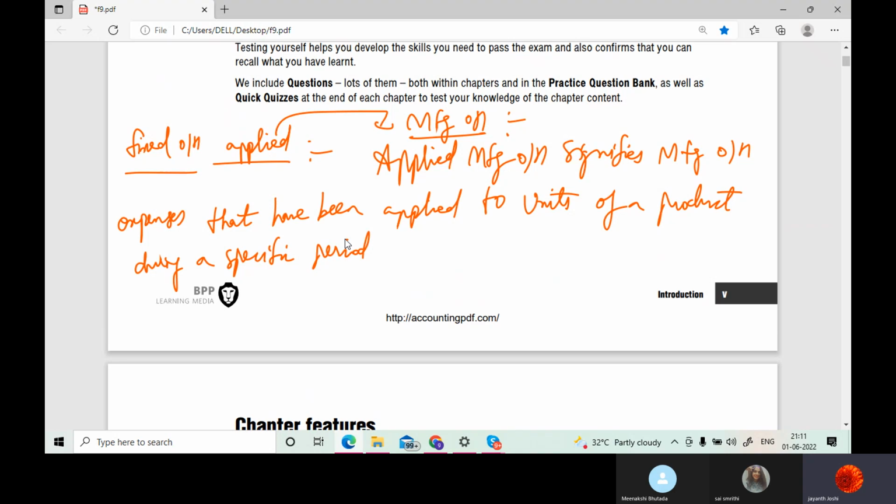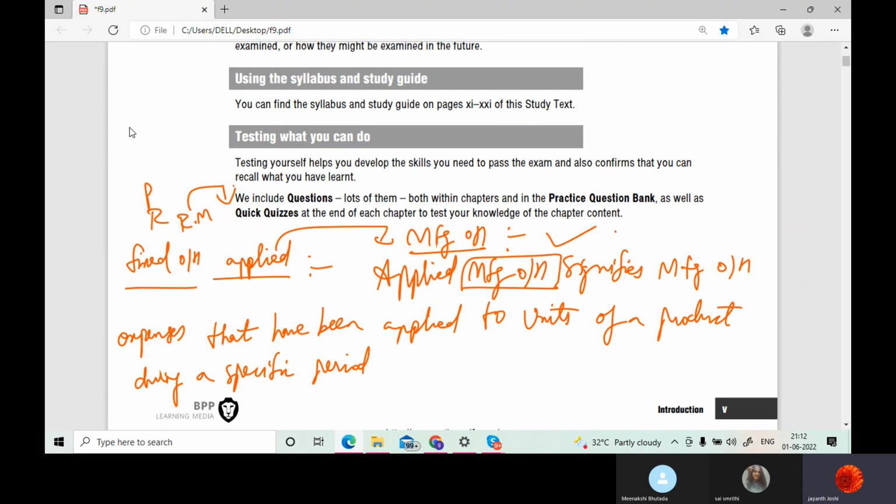You should understand that overheads are not per unit wise. When I speak about price or rate, or raw material, you will get a per unit cost. But overheads are always total amounts because these are of fixed nature.